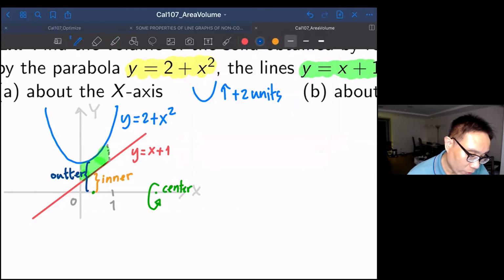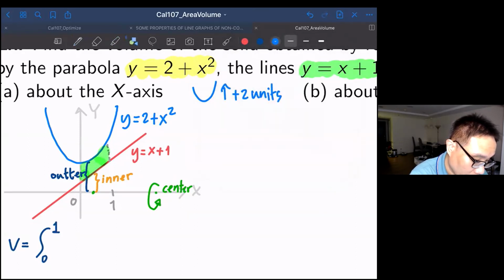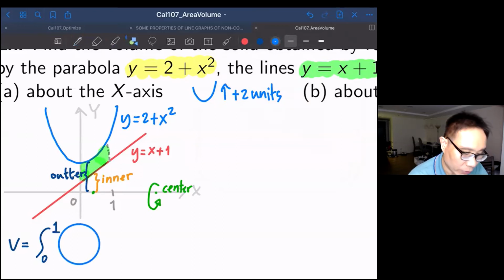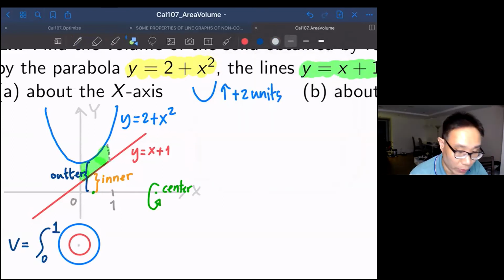So you see the washer, or the donut, that you have. The volume turned out to be the integral from 0 to 1 of the outside. Outside in this case is the blue circle, and the inside is the red circle. This is your center, and you have your dx.